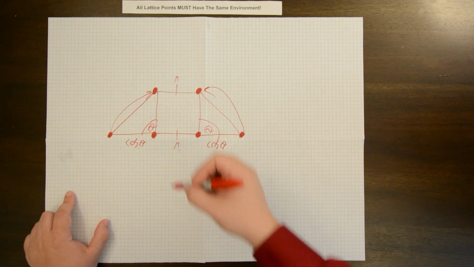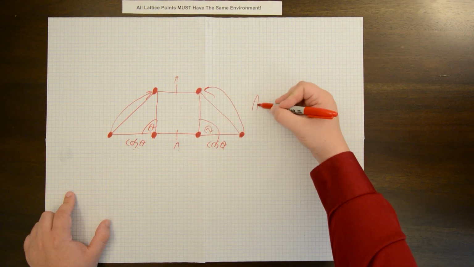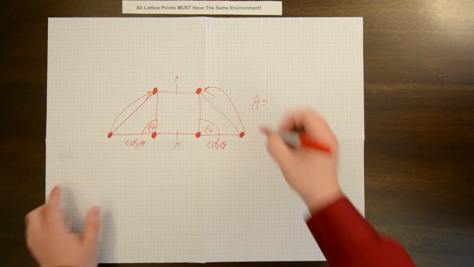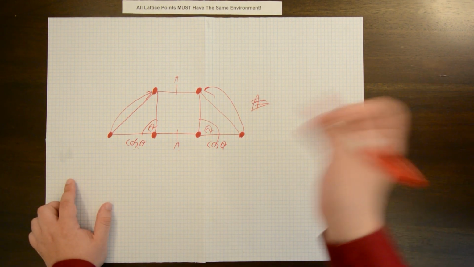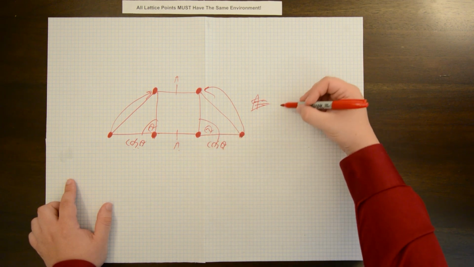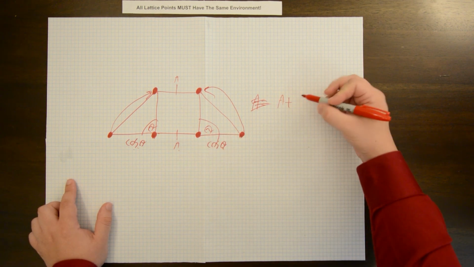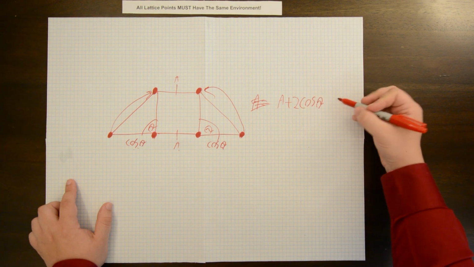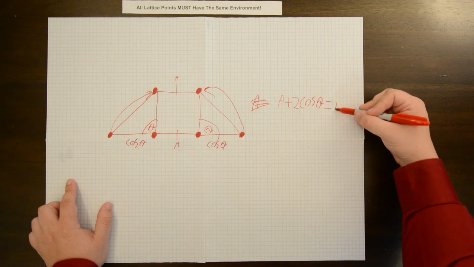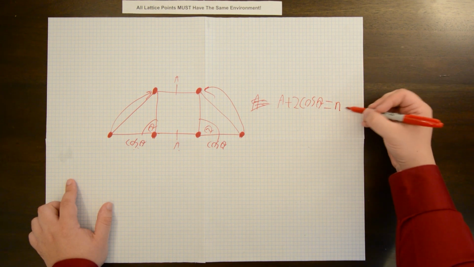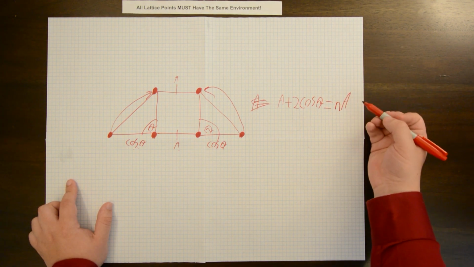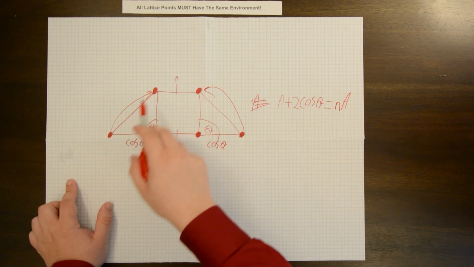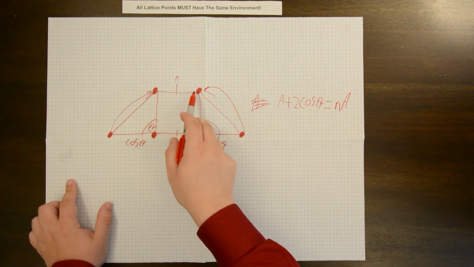As is, we have A equals... Whoops. Almost messed that up, sorry. We have A plus 2 cosine theta equals some integer multiple of A, because we both start and end on lattice points and are going to other lattice points.